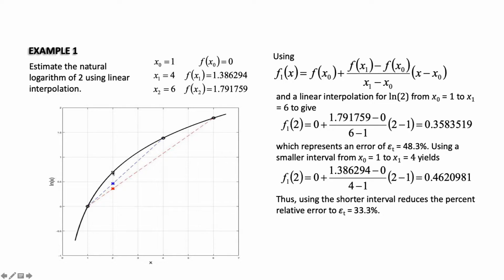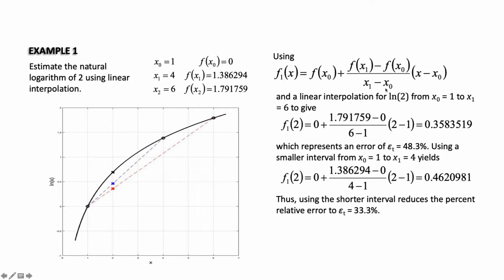If you want to solve the logarithm of 2 here, we can use linear interpolation. Here's the equation for linear interpolation. We only need two data points in order to use this equation. Let's first use these two data points, x0 equals 1 and x2 equals 6. f of x0 is equal to 0, so we have 0 here. f of x1, or f of x2 in this case, is 1.791759. f of x0 is 0.